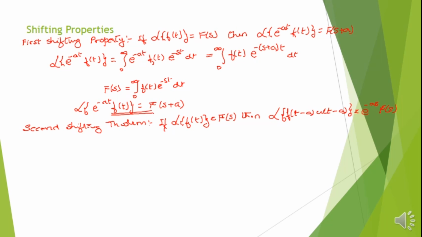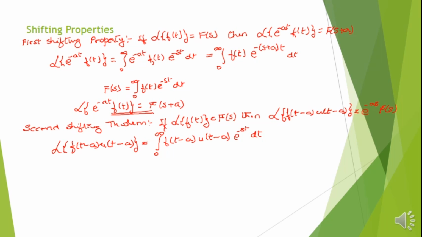Now proof. Laplace transform of f of t minus a u of t minus a, according to the formula, is integral 0 to infinity f of t minus a u of t minus a e to the power minus st dt. Instead of f of t minus a, u of t minus a is there, so as it is.